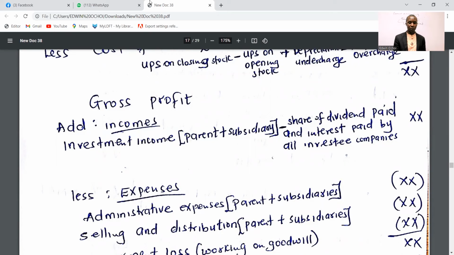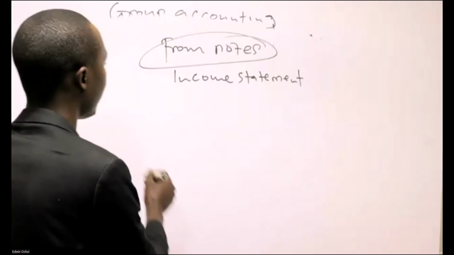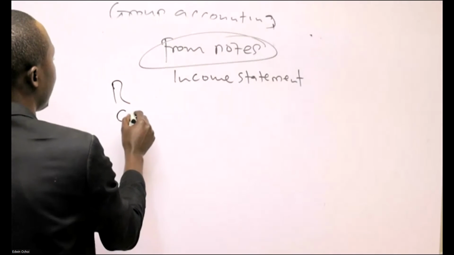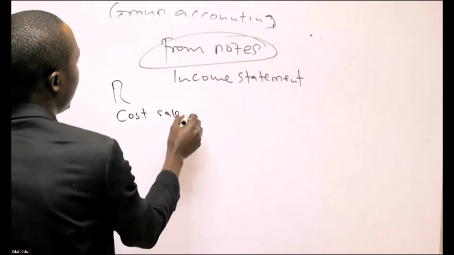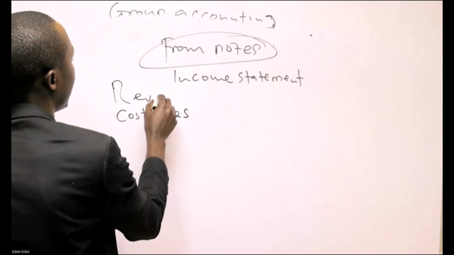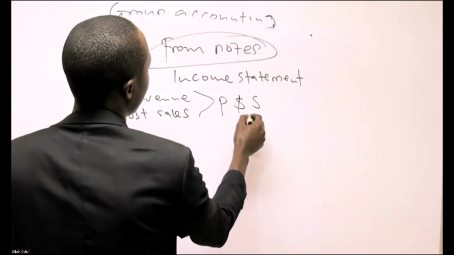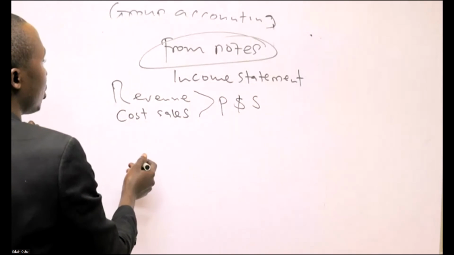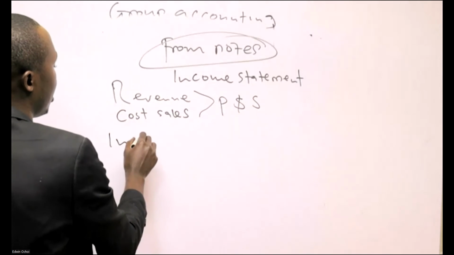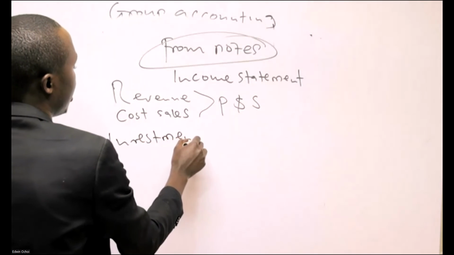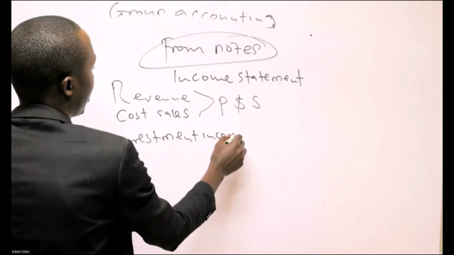On the scenario now, whereby you find that all the other investee companies paid dividends, because for revenue and cost of sales, I have only considered parent and subsidiary transactions. So the first point whereby I introduce the associates and joint venture is under investment income.